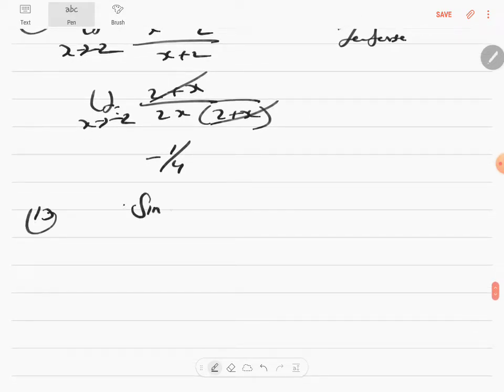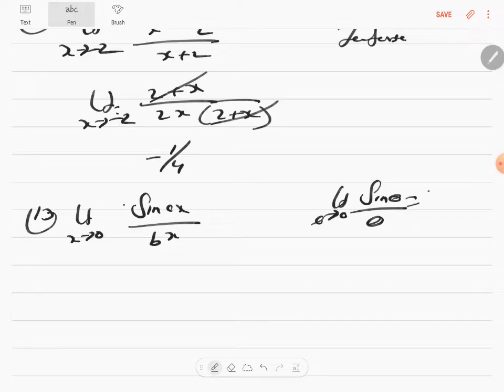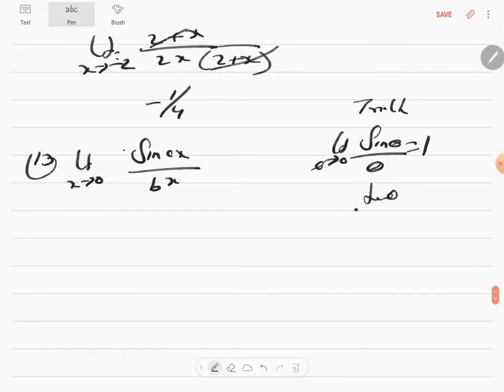The 13th question is sin of ax by bx, limit x tends to 0. See, whenever you get a trigonometric function, you should use this property. Sin theta by theta, limit theta tends to 0 is 1. That's the trick. Similarly, tan theta by theta, limit theta tends to 0 is also 1.